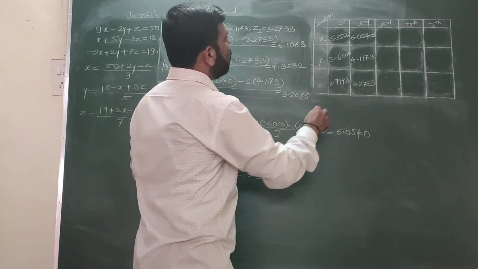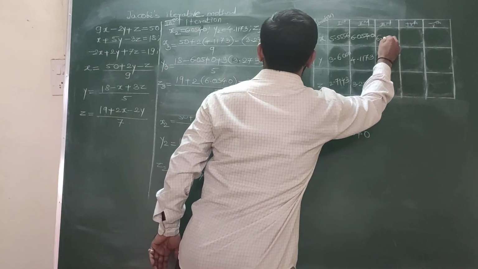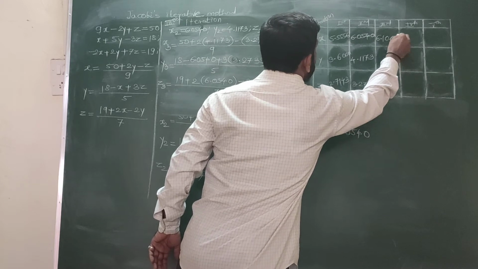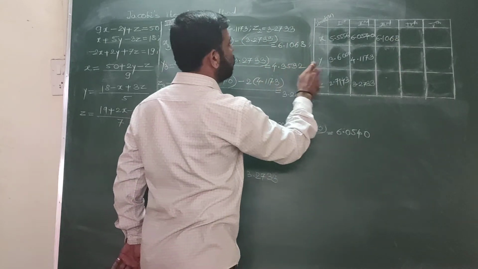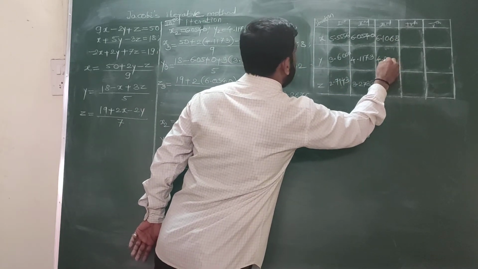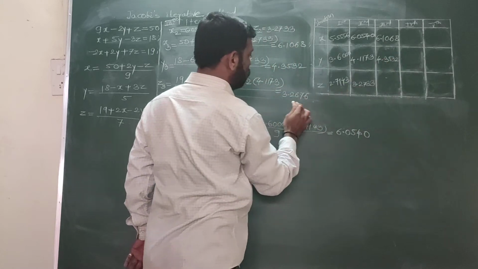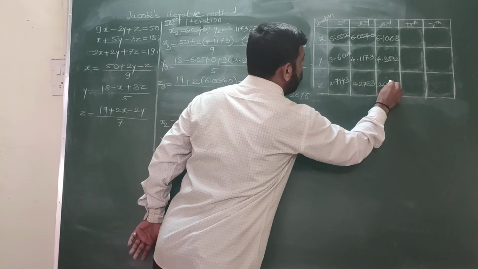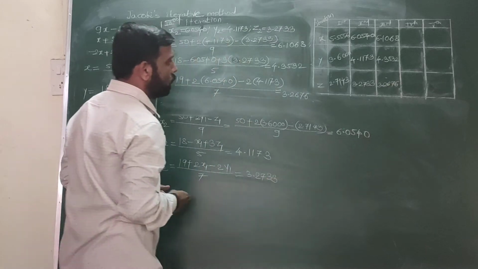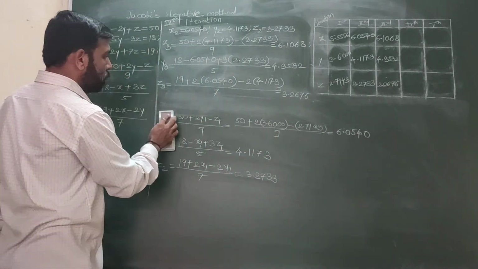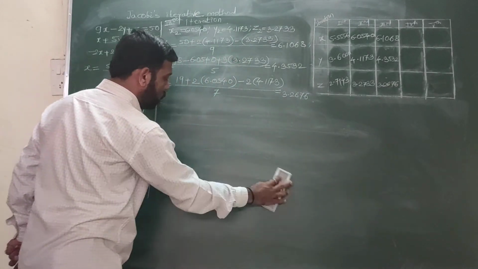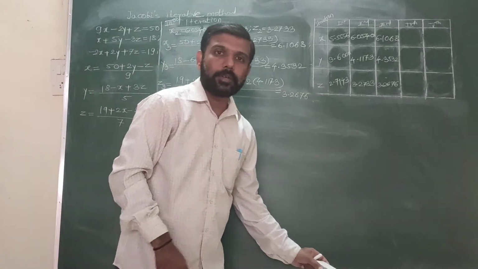Put the values of x3 in the column, 6.1068, y3 4.3532, and z3 3.2676. The fourth iteration we'll discuss now.